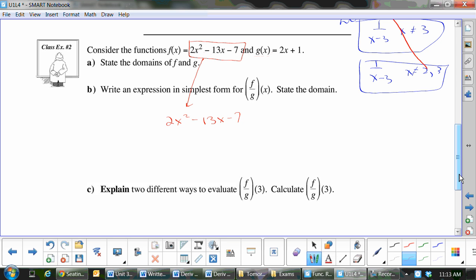This one is called the type 2 because there is a number in front of the x squared that isn't 1. So we do these by going what plus what equals negative 13, and what times what equals negative 14. Remember, we multiply these two together to get that one.